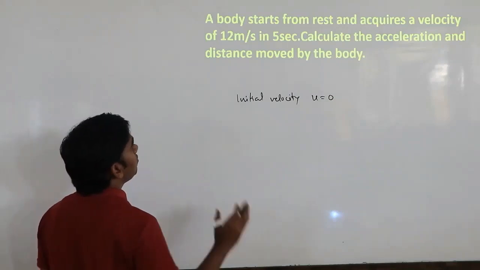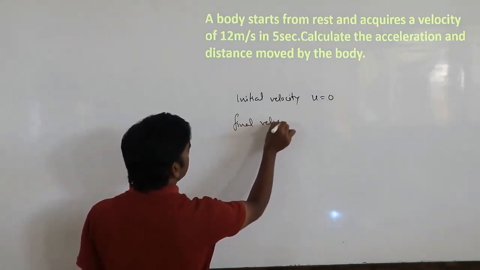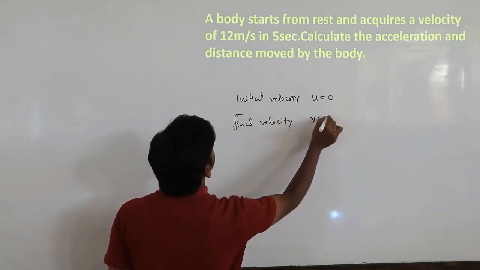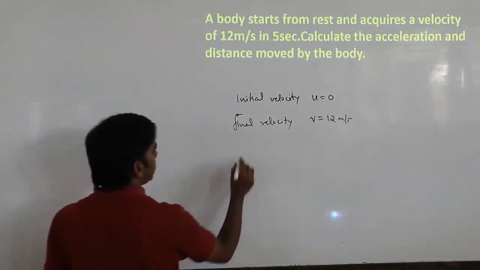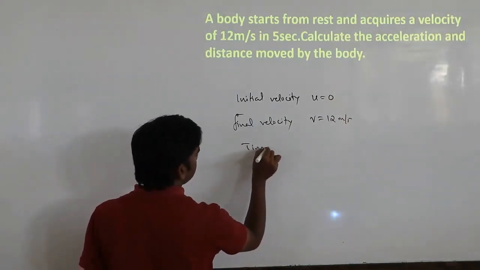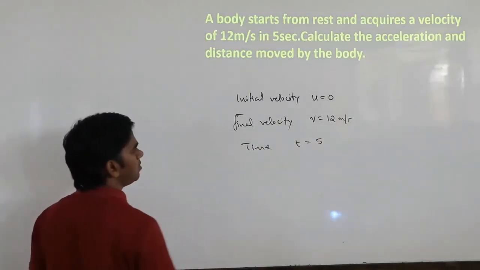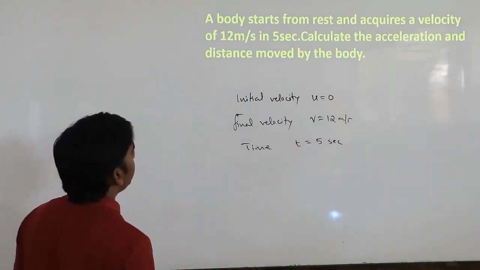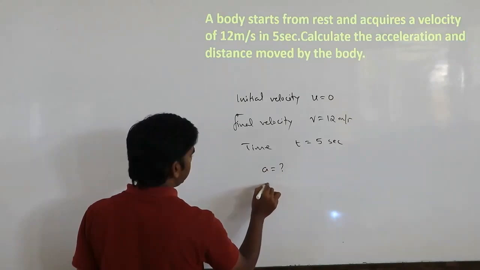Acquires a velocity of 12 meter per second, so final velocity V equals 12 meter per second in 5 seconds. So time taken t equals 5. These are like your high school problems. So calculate acceleration and distance. They are asking acceleration and distance s.